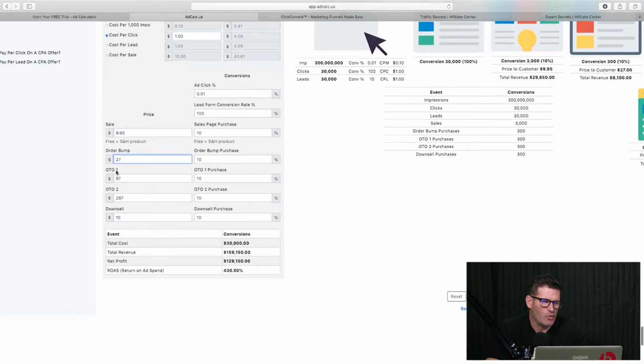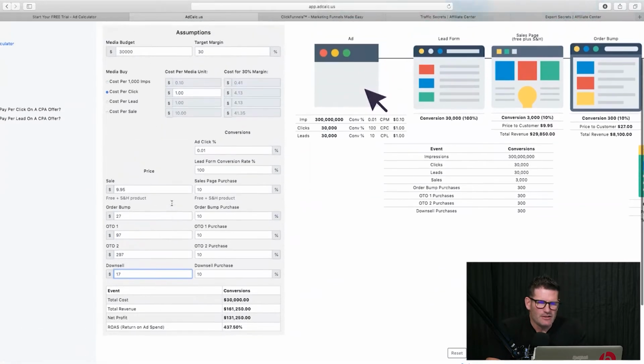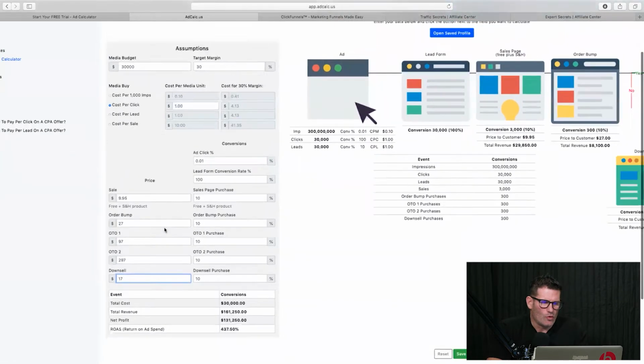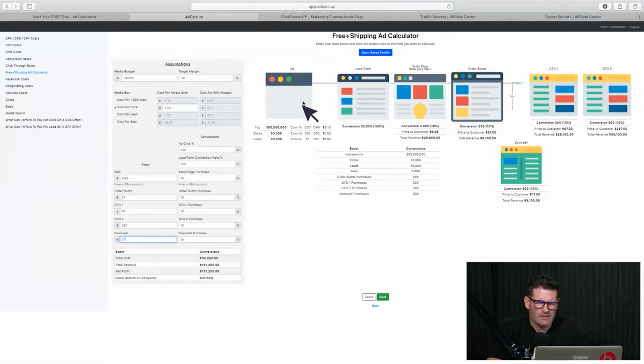On the OTO1, $97. On the OTO2, $297. And on the downsell, let's change that to $17.